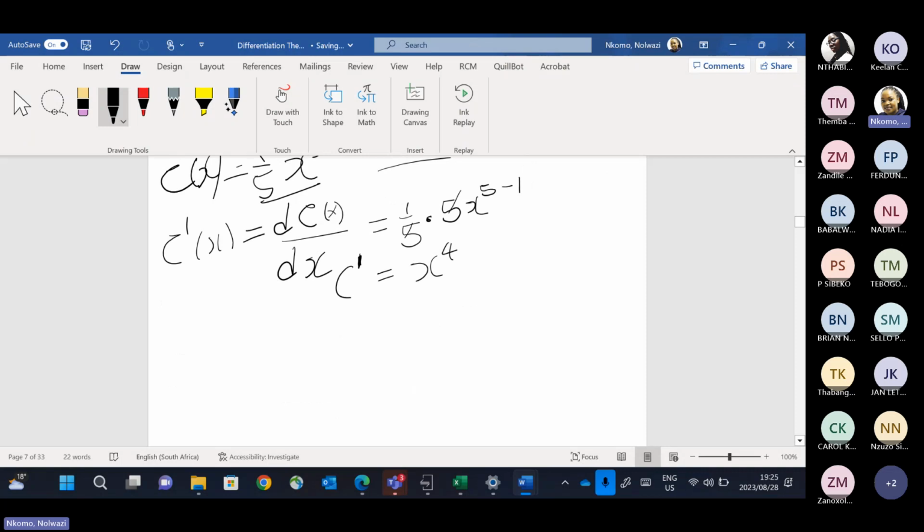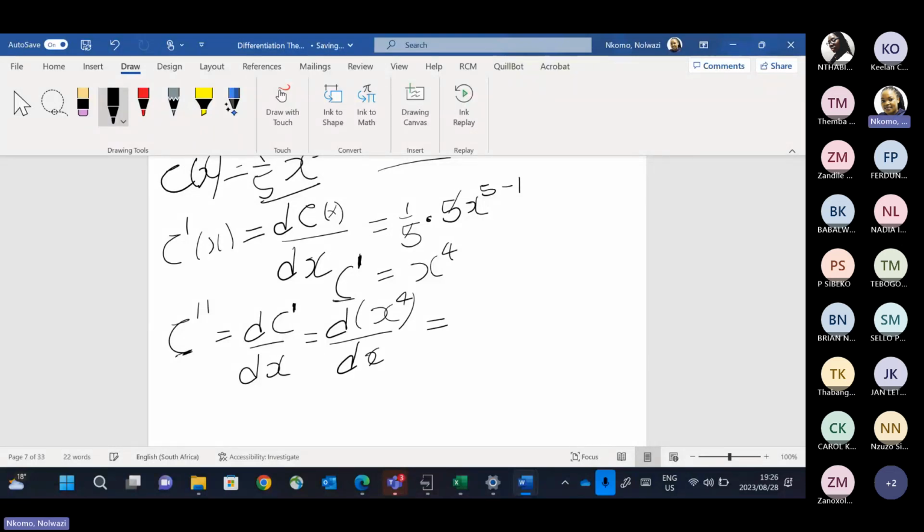The second derivative is the derivative of the first derivative. So if we want to find c prime prime, we need to differentiate c prime, and c prime is x to the power 4.